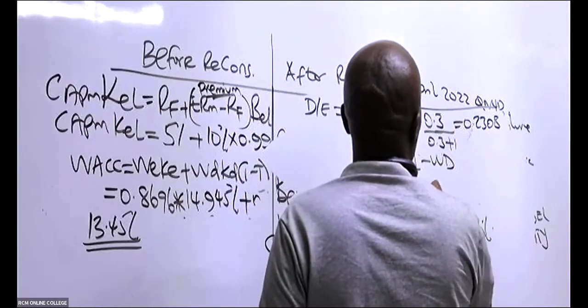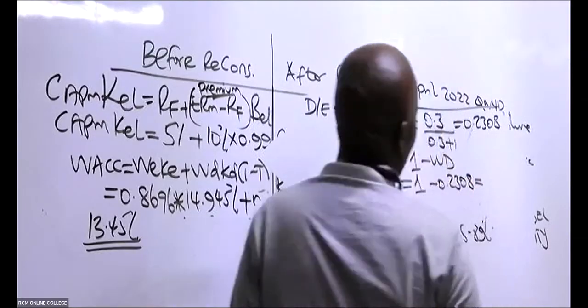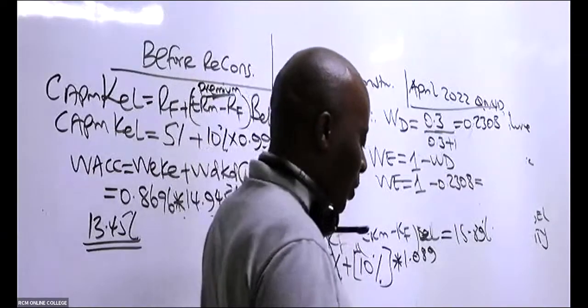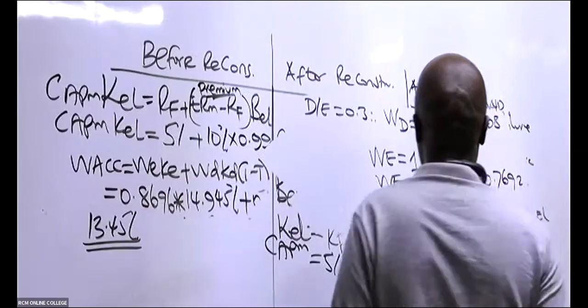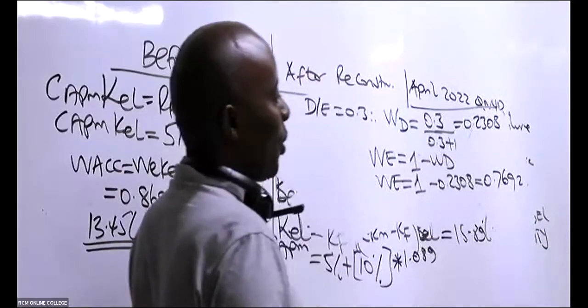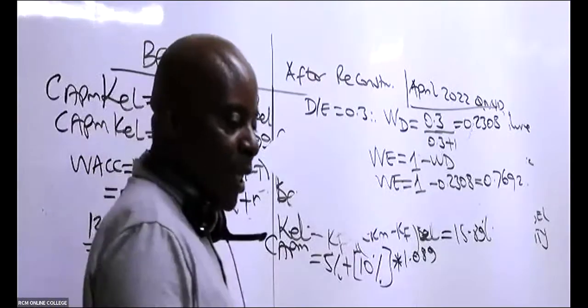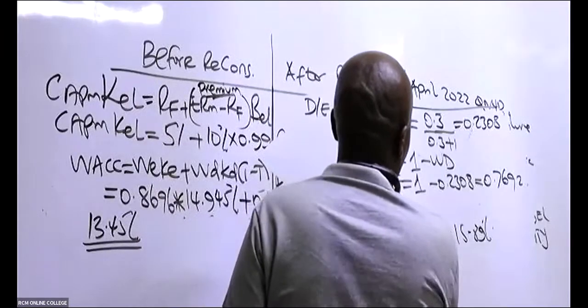So 1 minus 0.2308, which will end up giving me what figure? 0.7692. Now, ladies and gentlemen, having gotten that, I'm so sure I can translate everything to the famous WACC.